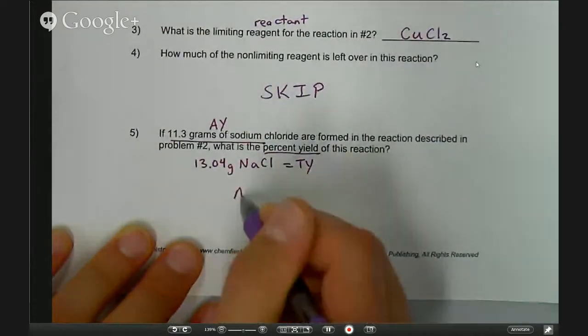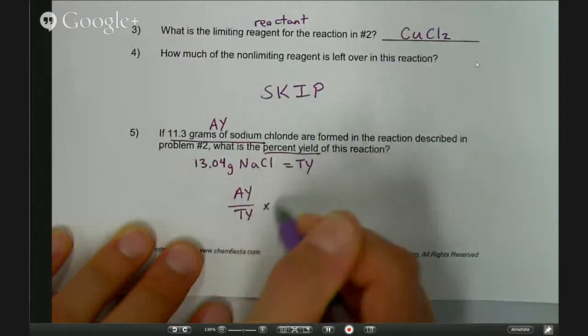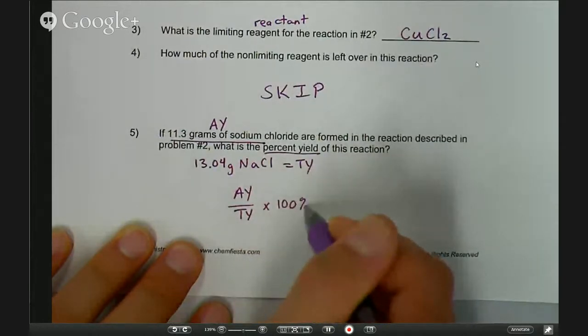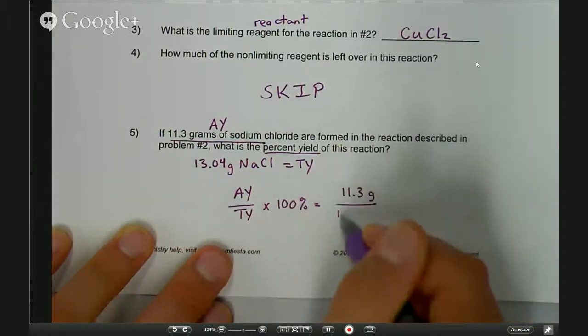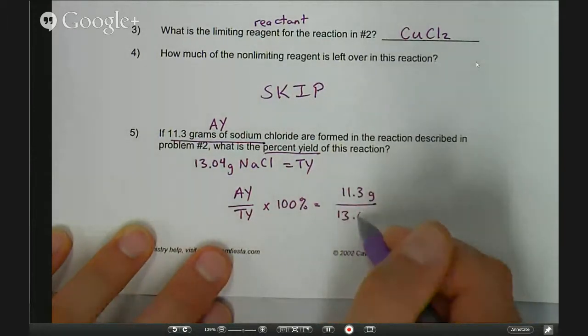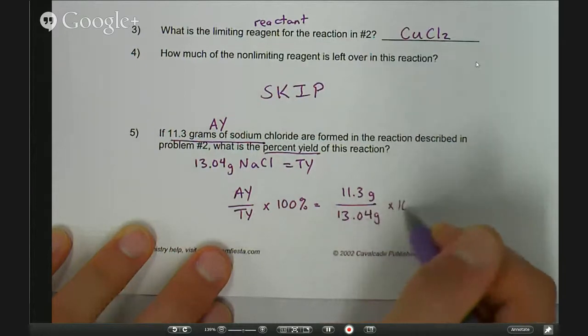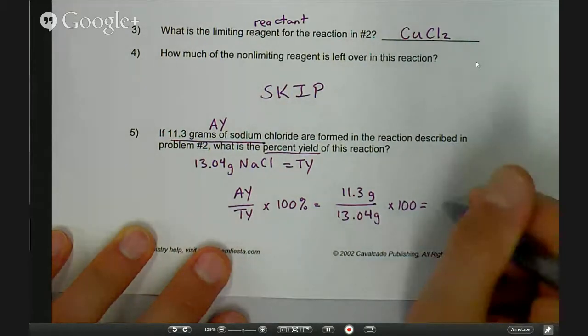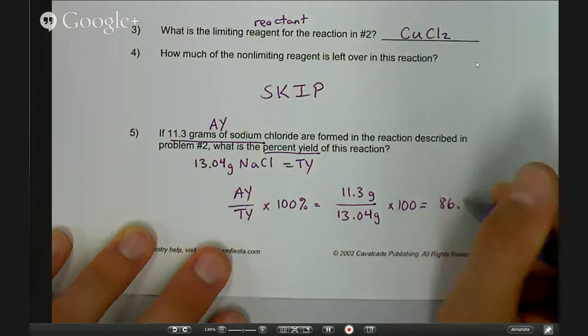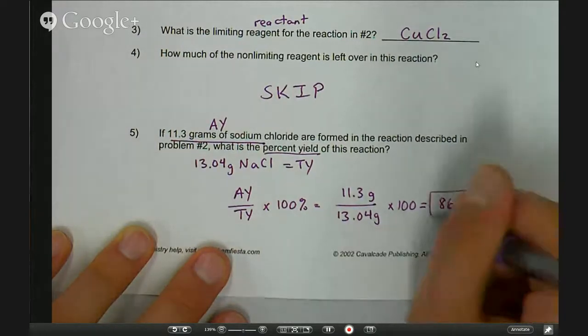So we'll set that up: actual over theoretical times 100%. We've got 11.3 grams over 13.04 grams times 100, and you should come out with 86.7% yield, which is a pretty decent yield.